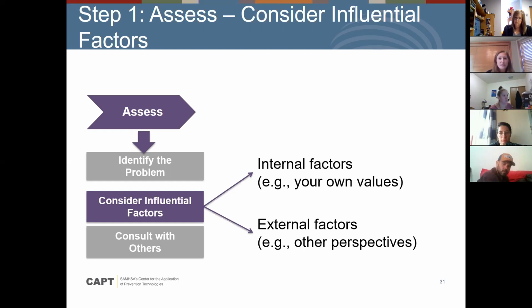So personally, he might think that it's not right to use an ineffective program, right? But in addition, Mary, his supervisor, has power over his job, and he may feel worried about jeopardizing his relationship and his position in the agency as well. So because he thinks it's ineffective, he has these internal values that he needs to say something to the parents in the community. But he's probably also kind of worried about his job, right?